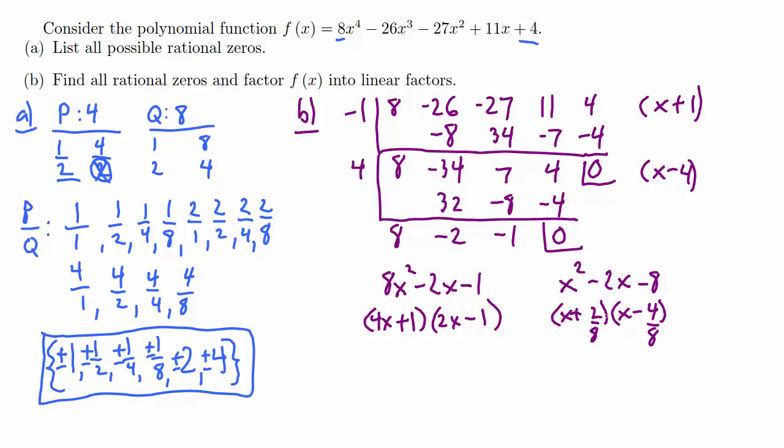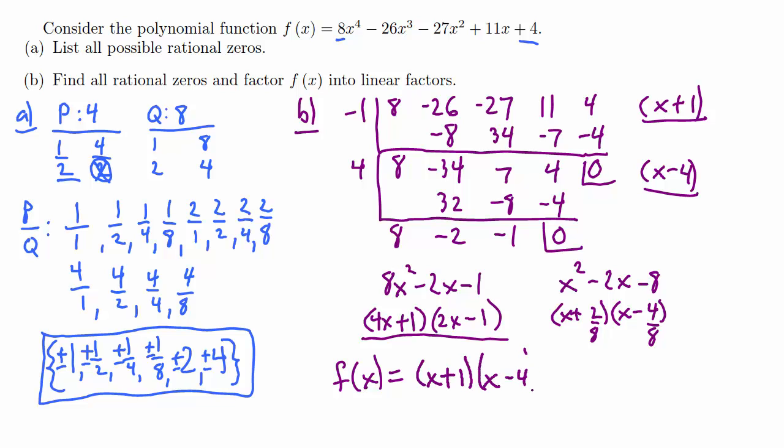And now notice that this is actually going to give you the zeros as well. So negative a quarter and positive a half. We could prove those synthetically if we wanted. But these are the factors. And notice that they're linear factors. Therefore, f of x is going to be x plus 1, x minus 4, 4x plus 1, and 2x minus 1.